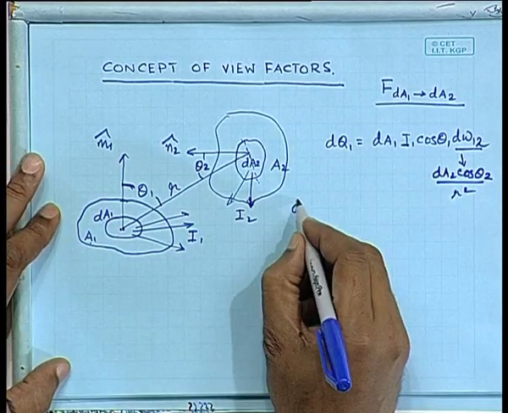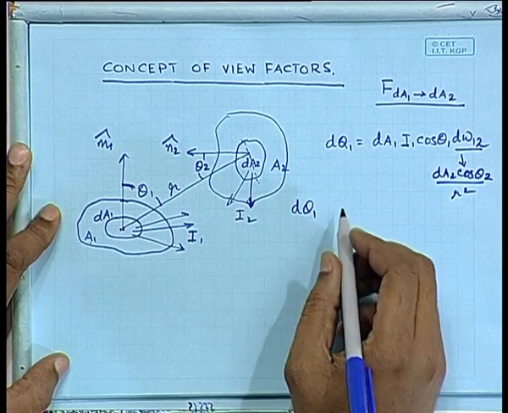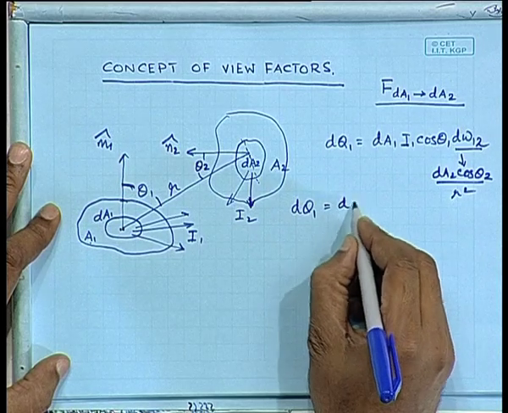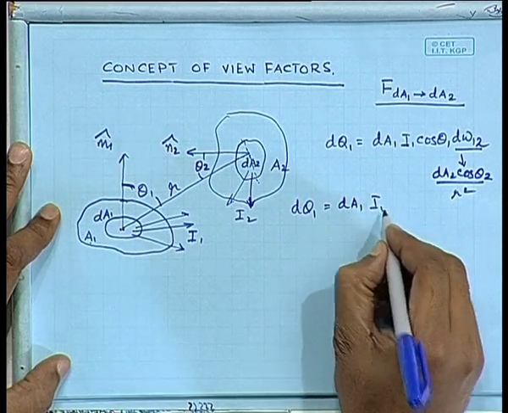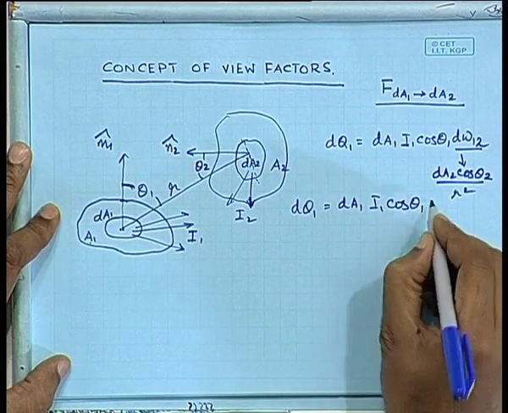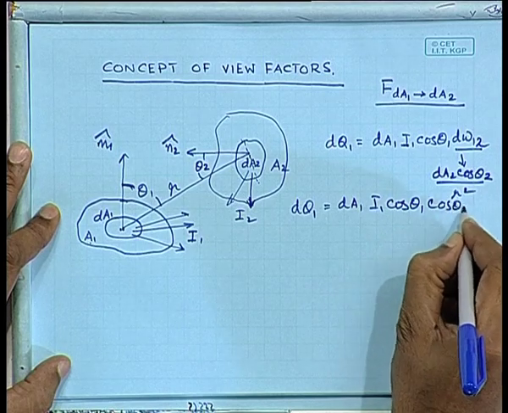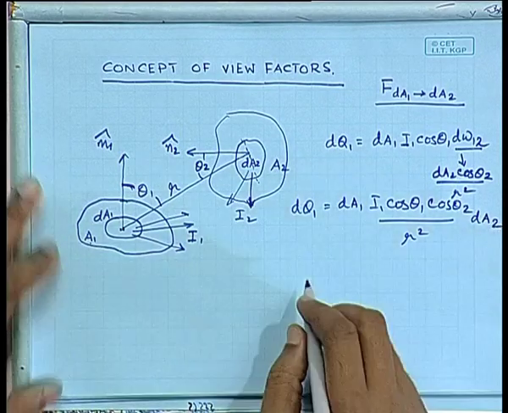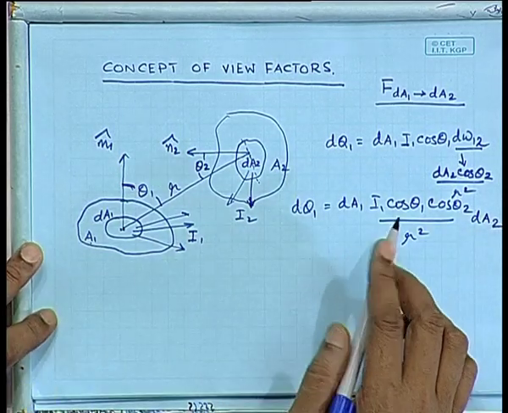So, the amount of energy that is going to strike 2 coming directly from 1 is going to be dA1 I1 cos theta 1 cos theta 2 dA2 divided by r square. Are we clear up to this point? Okay.